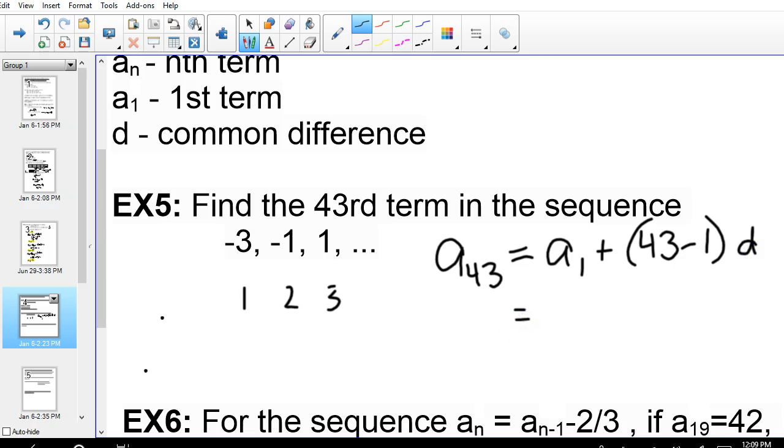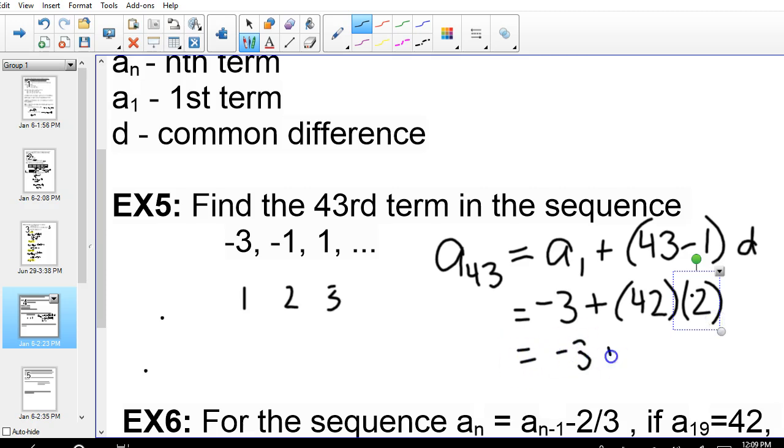A sub 1 is your first term, which would be negative 3. You'd have 42. And then the d is the common difference. It's the number you're adding each time, which in this case was 2. So negative 3 plus 84 gives you 81.